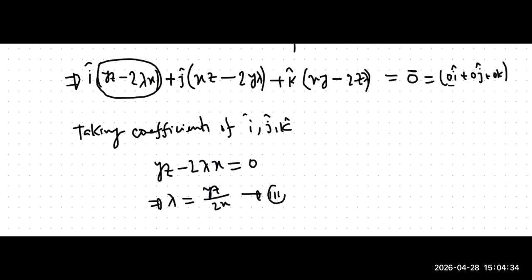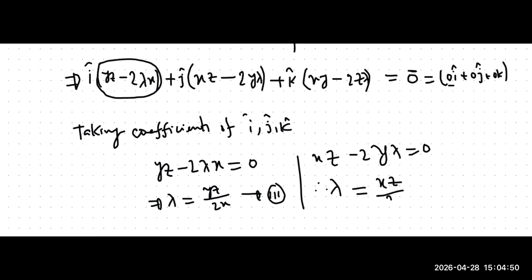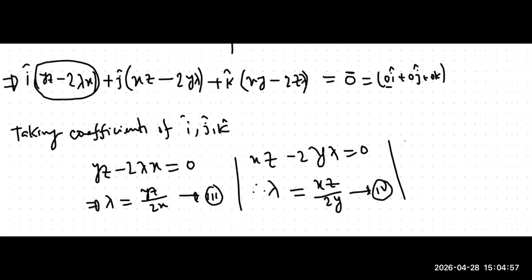And from coefficient of j, we can write xz minus twice y lambda is equal to 0. So in this case, lambda is xz divided by twice y. This is equation number 4. And similarly, xy minus 2z lambda equal to 0.